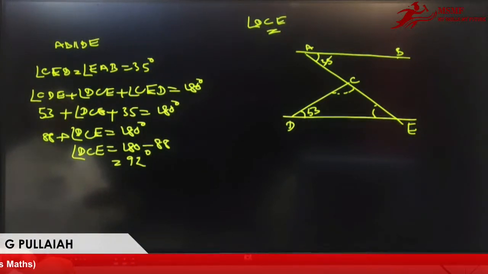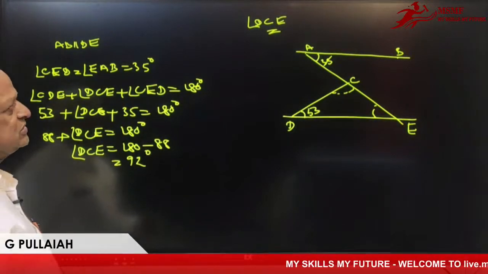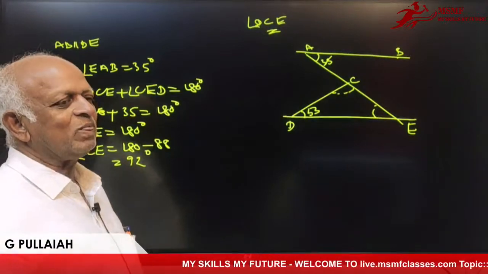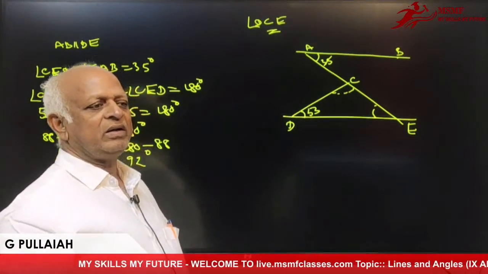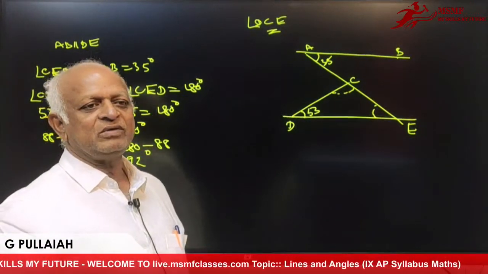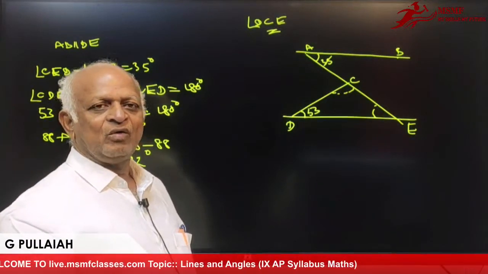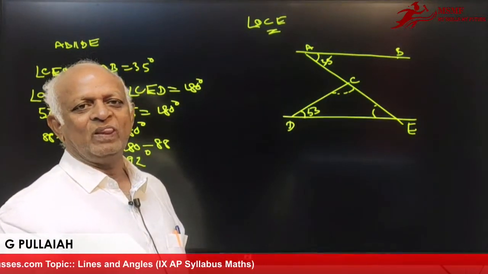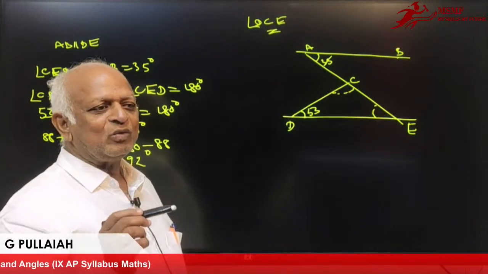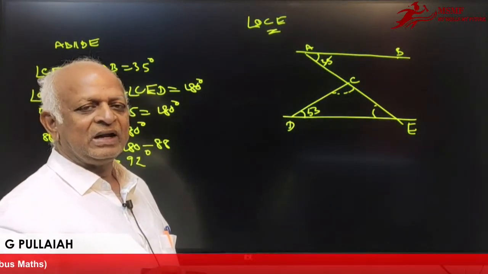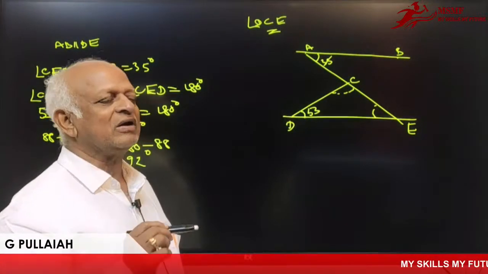Hope you followed, please. Yes, what's the doubt? One thing in geometry you should remember very carefully: we must be in a position to come to one conclusion by taking one given concept.